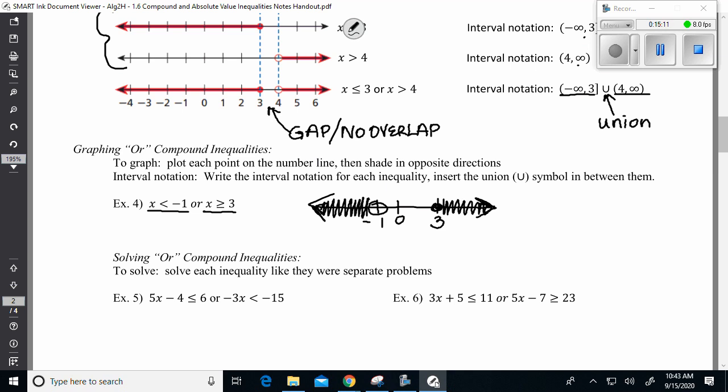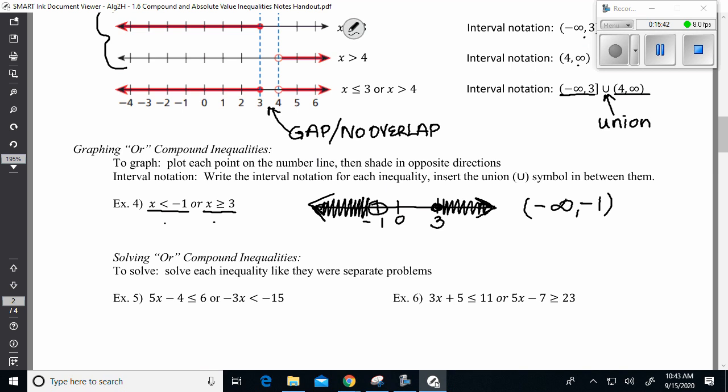So there's your graph. We get it correctly, we've got a gap. For interval notation, do each inequality separately. So x less than -1 would be -infinity to -1. Remember, the -1 has a parenthesis because of the less than sign.